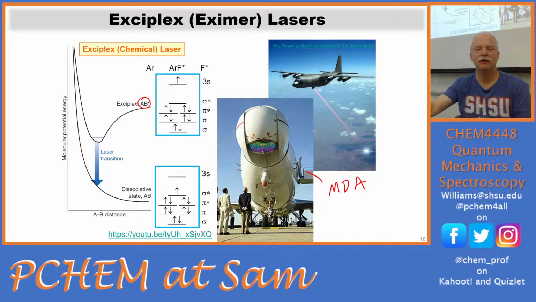And here's one on a C-130. To show how accurate this is, a little video that we'll show. So this is a plane, a C-130, shooting the tactical laser. Hopefully the link still works.